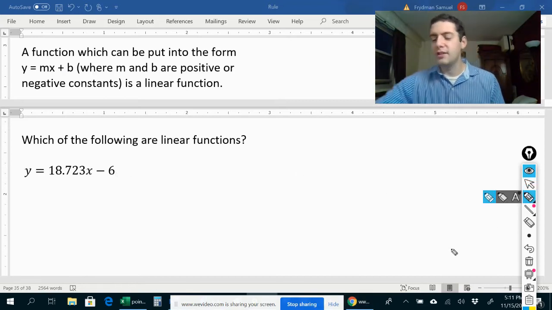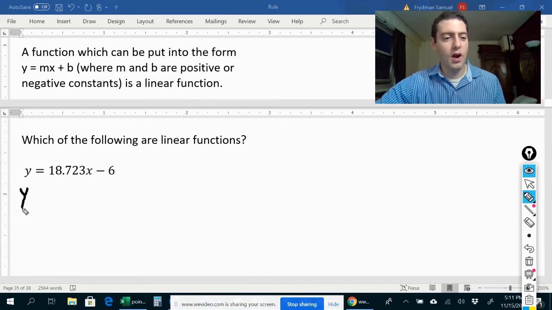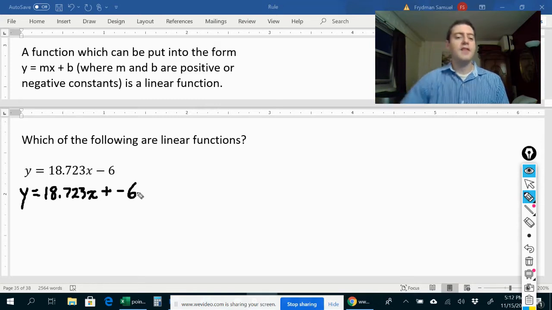So I can rewrite this entire equation as y equals 18.723x plus negative 6. And then I can see more clearly that this equation is in slope-intercept form, and 18.723 would be my m, and negative 6 would be my b. So if I can fiddle around with this equation to get it into perfect slope-intercept form, it means that my original equation is a linear function.